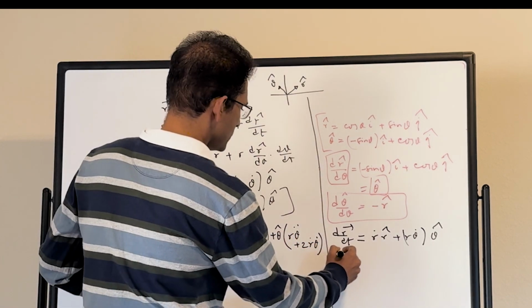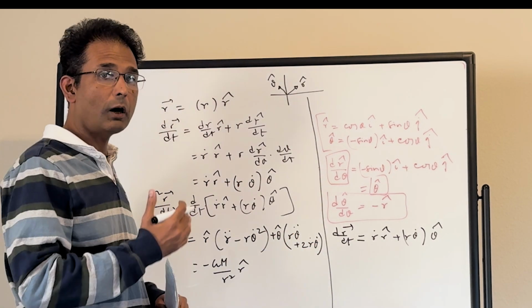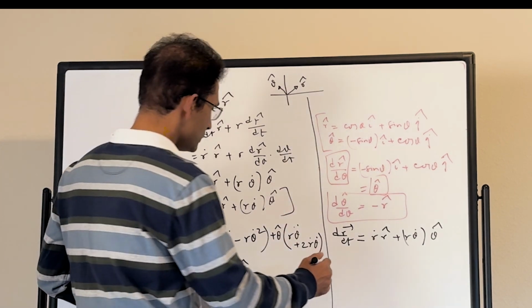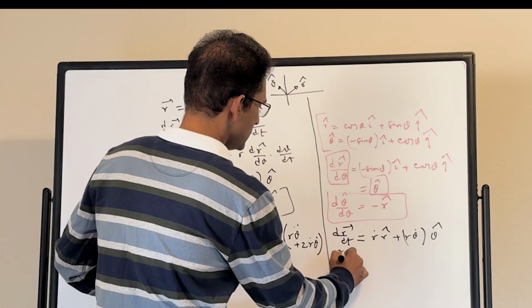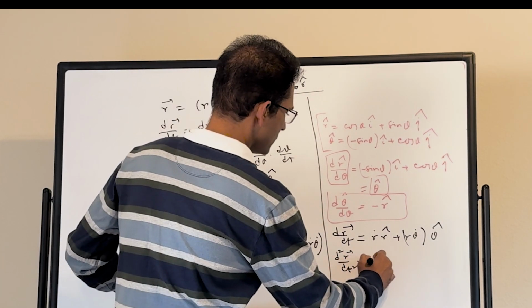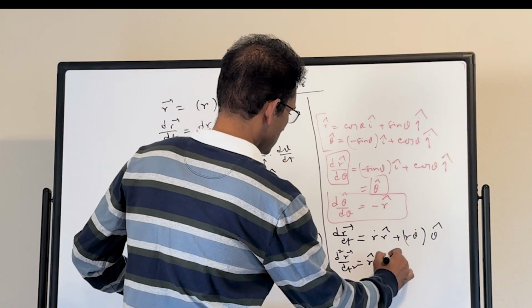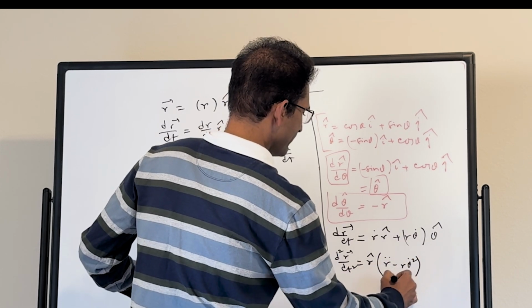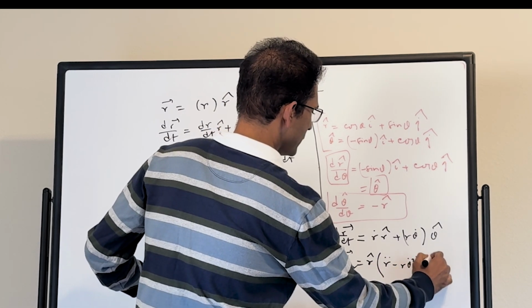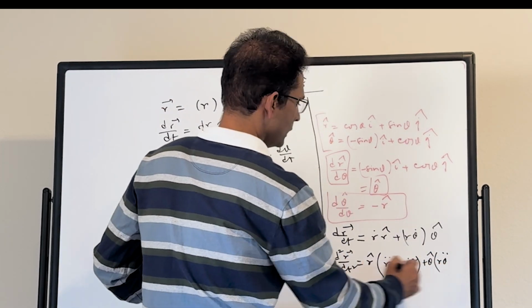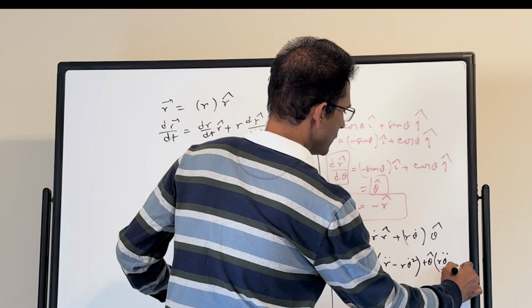Let's actually write this down. I'm listing all the important formulae on the right side because I may have to refer to them again. So what we got is d2r dt squared is equal to r hat times r double dot minus r theta dot squared, plus theta hat times r theta double dot plus 2 r dot theta dot.